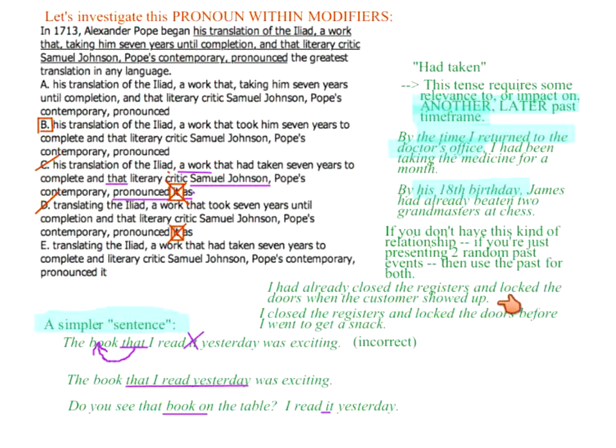In the first one, you have this relationship, meaning the customer showed up and arrived at a state where the registers and doors were closed and locked. That's the thing that affects the customer. So you have this sort of relevance here. In the second, there's no relevance. This is just something I did before I did something else with no bearing or impact on it. So you would just use the regular past tense for that.